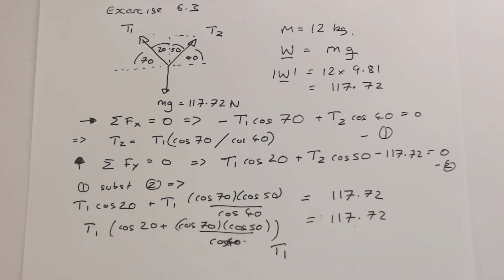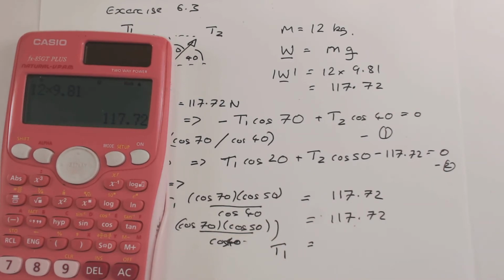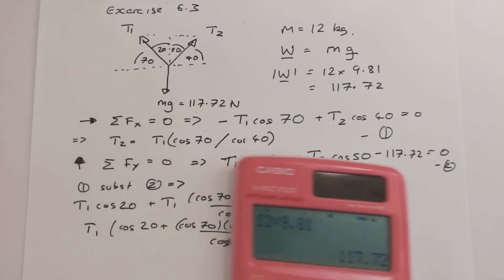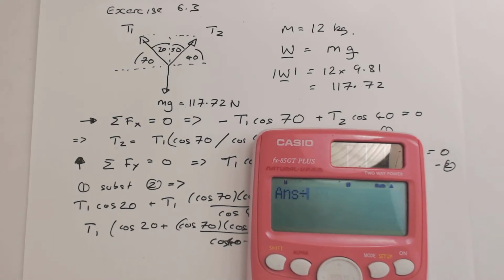So T1 equals, I will write out the algebra, I'm running out of space and I'm trying to keep it on this page. So I've got my 117.72, and we're going to divide it. So we use lots of brackets to get this expression in.